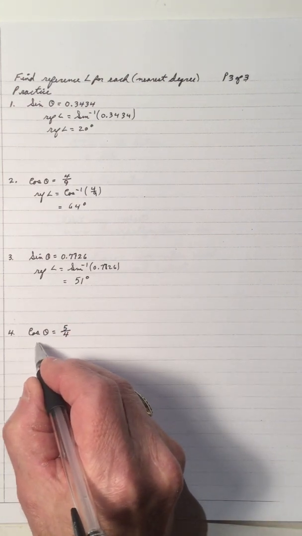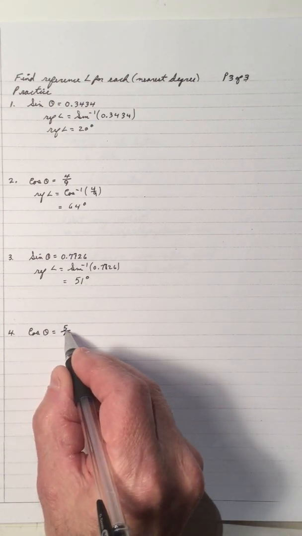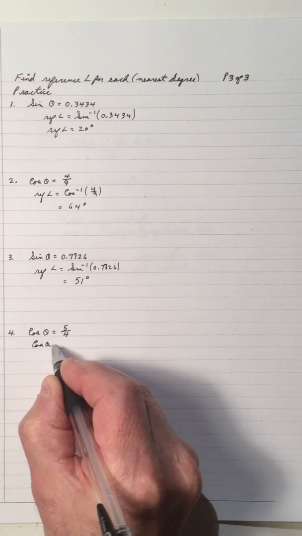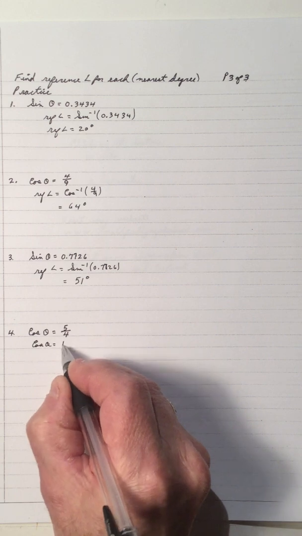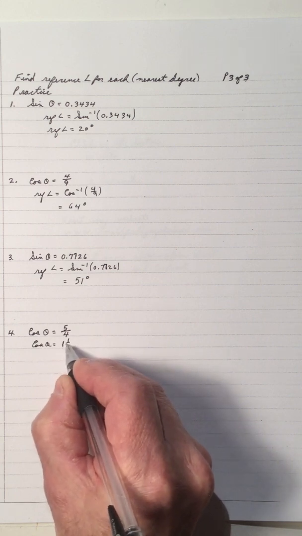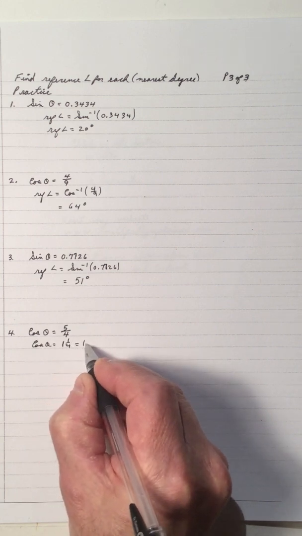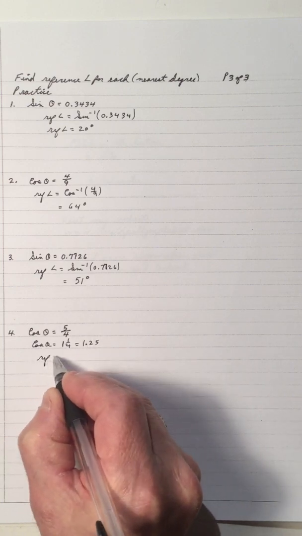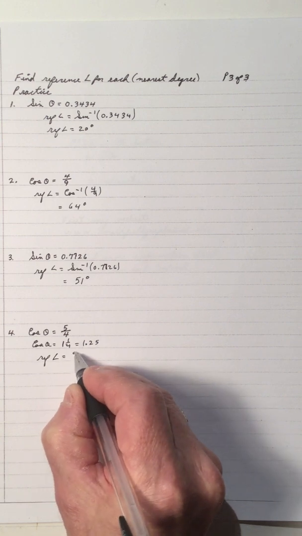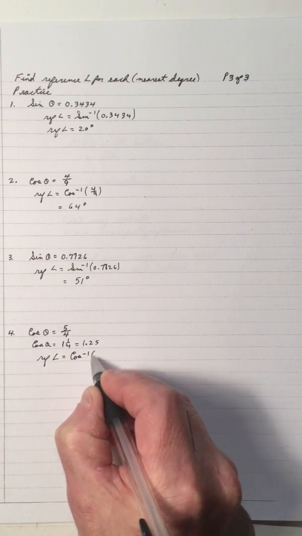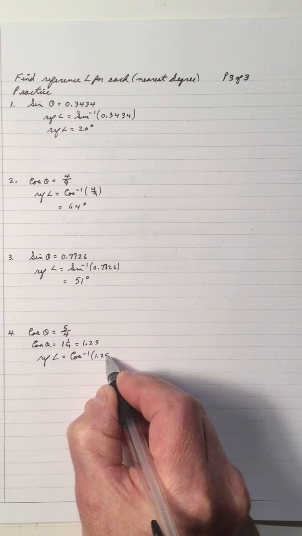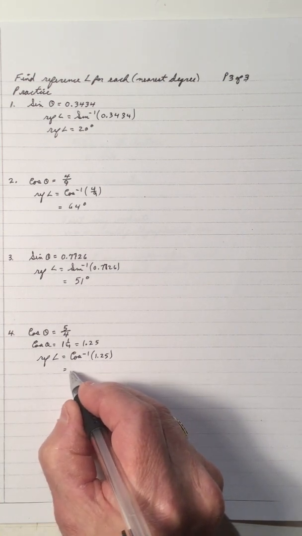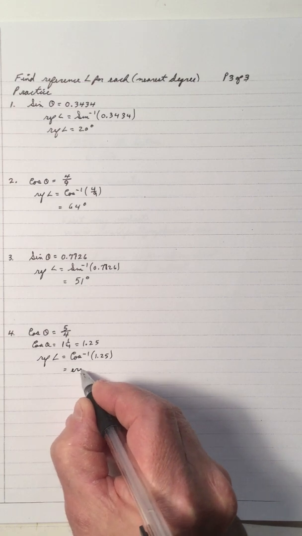And the cos of theta is 5/4. 5/4 is 1 1/4, which is 1.25. So the reference angle is cos to the -1 on 1.25. And notice this is higher than 1, so this is an error on the calculator.